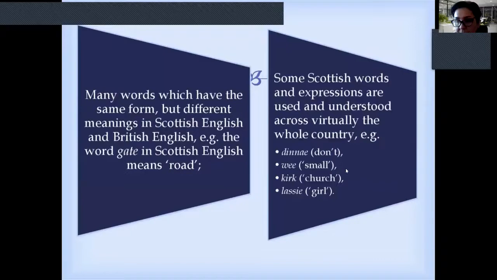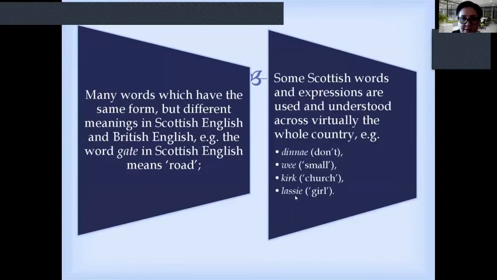For example, if we want to say a small boy in Scottish, you can say a wee boy, wee kid. Or instead of pretty girl, you may use pretty lassie as the Scottish variant of the English language.